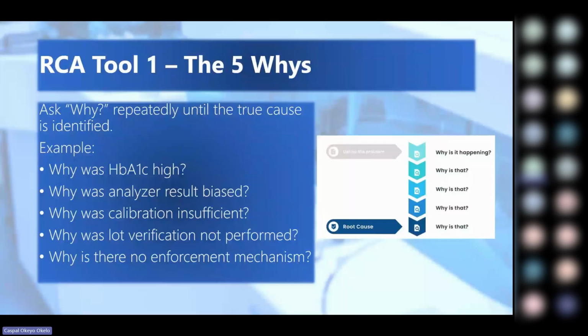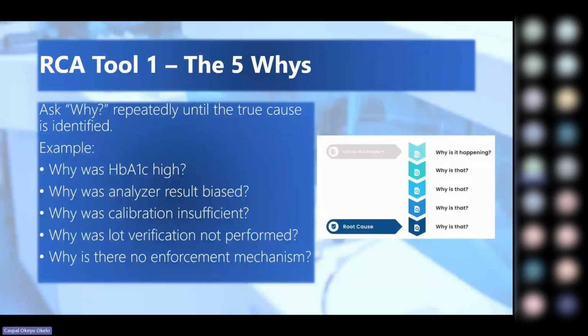The principle is straightforward: when a problem occurs, we ask why repeatedly, typically 5 times, until we reach the true underlying system failure. I want to emphasize something important. The goal of the analysis is not to stop when you find the person who made the error. The goal is to continue until you find the process weakness that allowed the error to occur.